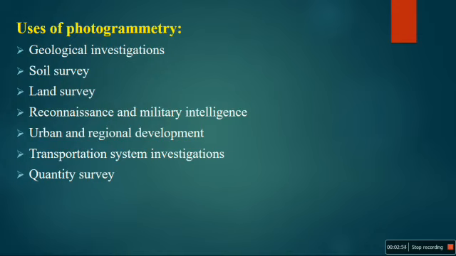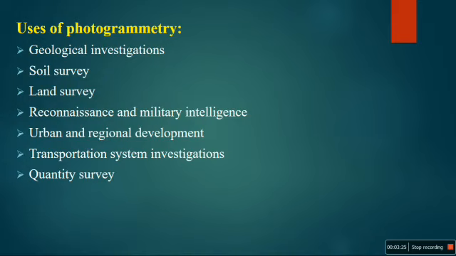This also helps the development of the considered transportation line. Suppose you consider transportation or road work, it requires monitoring the development of that road work by taking pictures at regular times, for quantity survey.